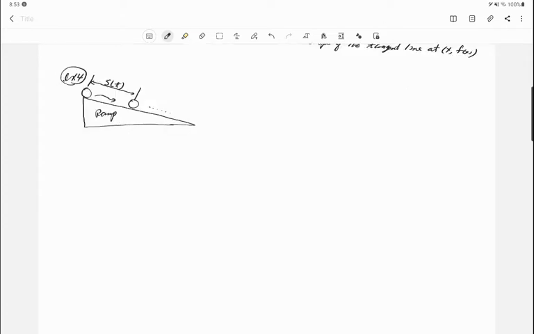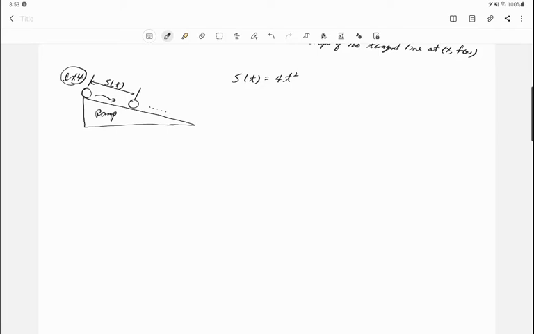Okay, next question is, there's a ramp and a ball rolling down the ramp. The distance that the ball rolls down the ramp is given by s of t equals 4t squared, where t is the time in seconds after the ball is released, and s of t is measured in feet.